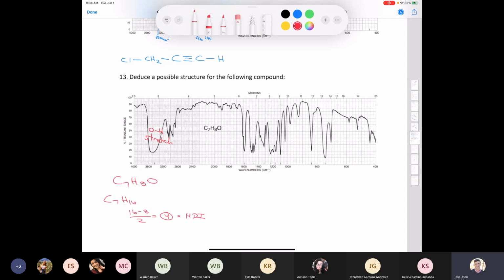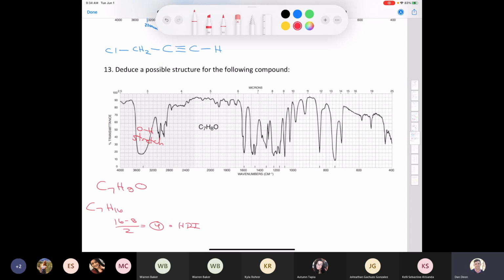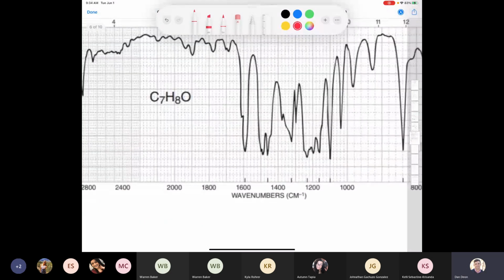So how would I have 4 units of unsaturation? Well, I want to zoom in on a particular part of the spectrum here. If you look between 1600 and 1450, right around here, when we have an aromatic ring, we will usually see 2 to 3 absorbances in the range of 1450 to 1600.